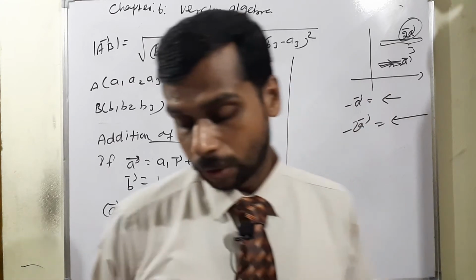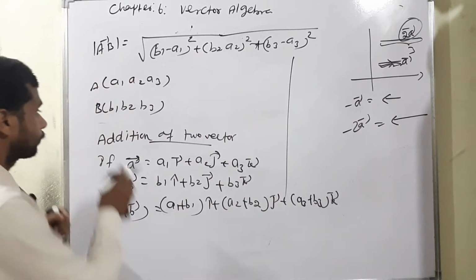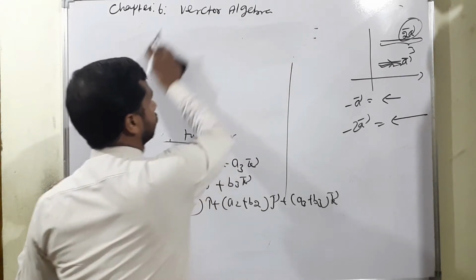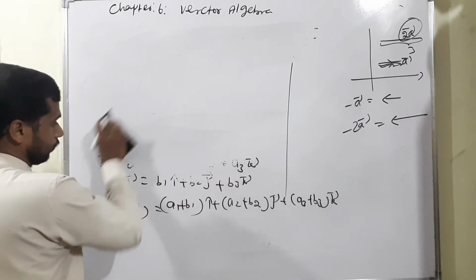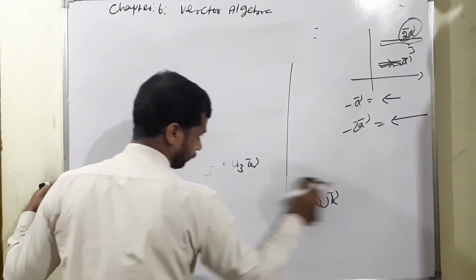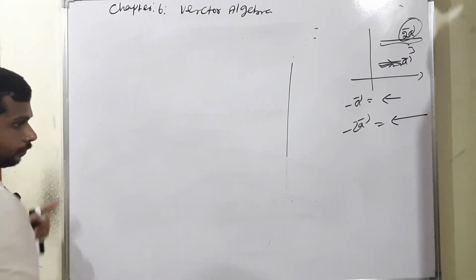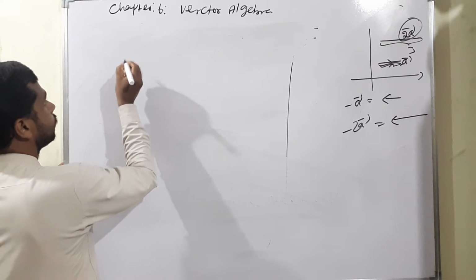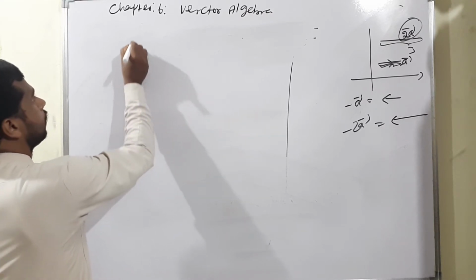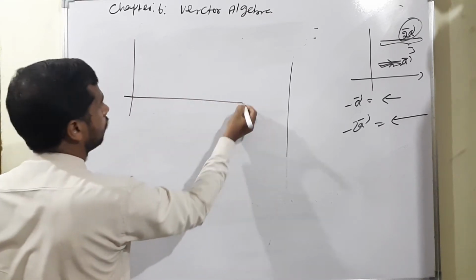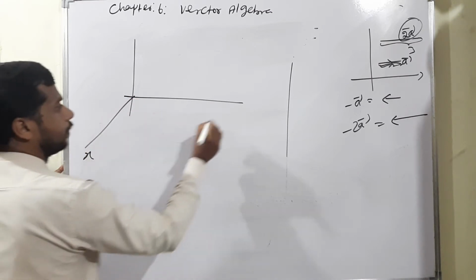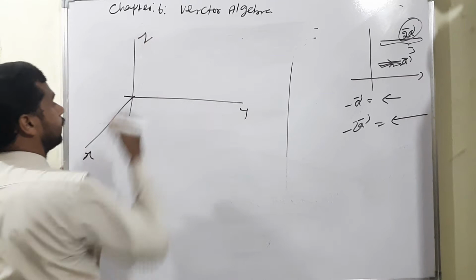Then I am moving to one of the important terms. So one of the important conditions, listen very carefully. In the 3D direction, the three-dimensional plot, x, y and z.